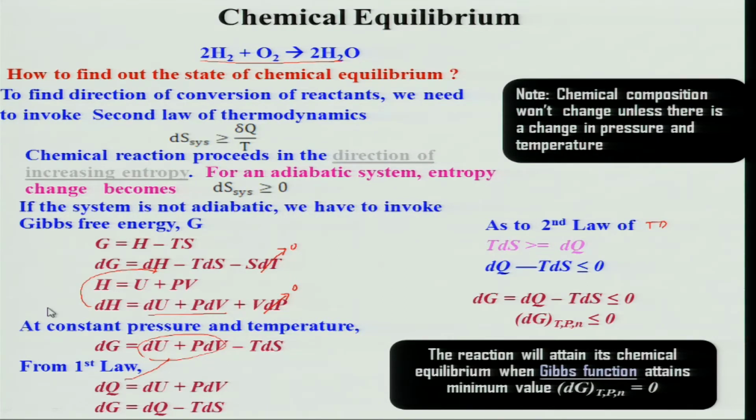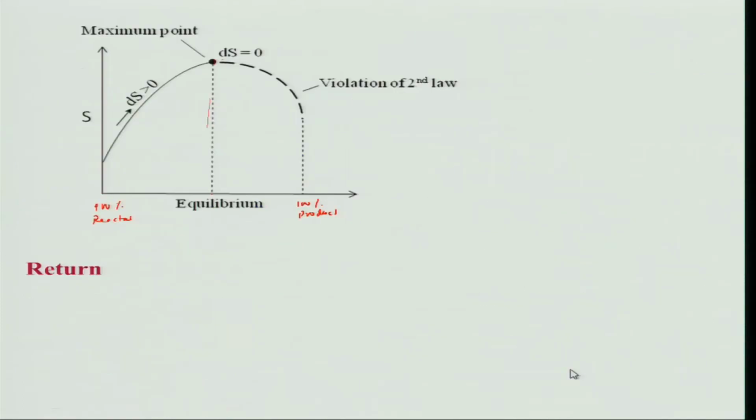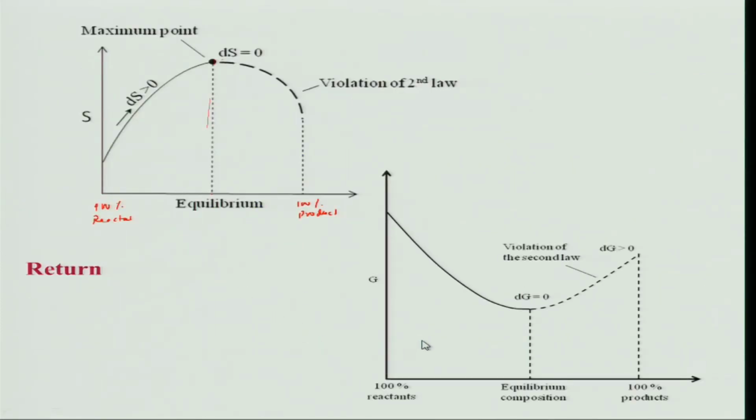Let us look at it pictorially. This is 100% reactants and 100% product. The process goes on till it reaches this point, which is the equilibrium composition level.